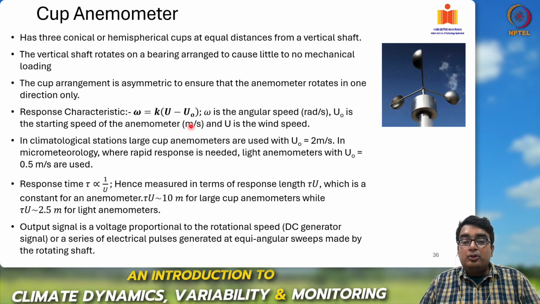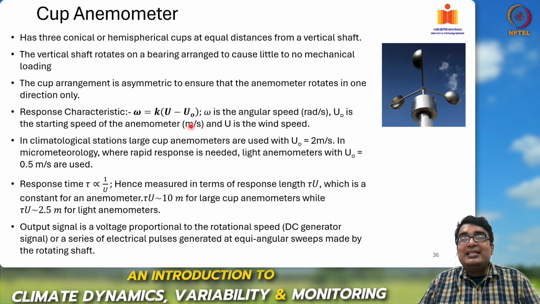Now, there are two different applications. In climatological stations, usually larger anemometers are used because these have to be placed in locations and set for many years and need to be robust to even storm speed winds. So these have a bigger starting speed U0 of about 2 meters per second.